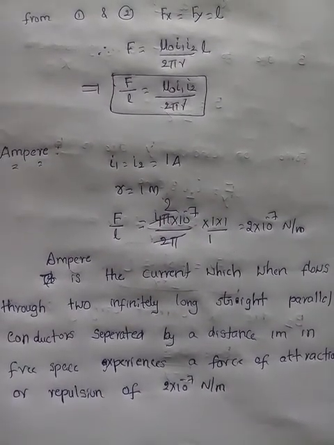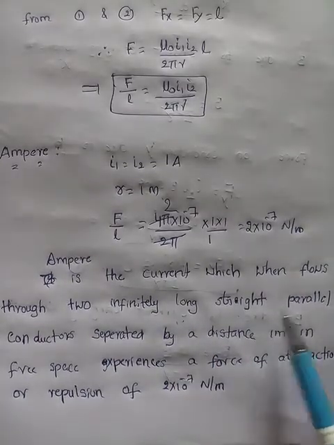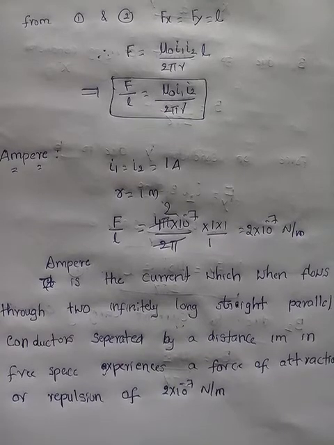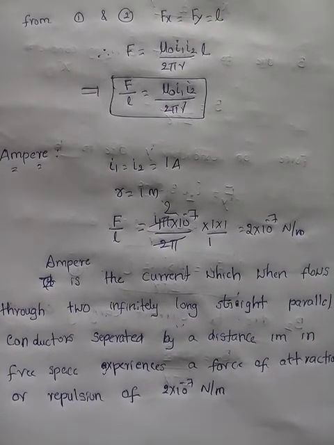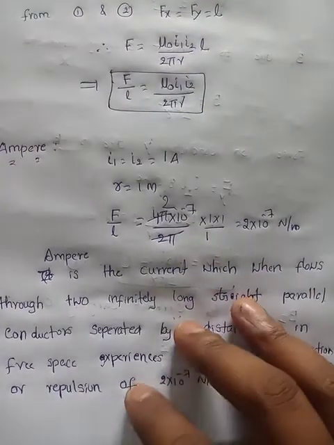It is the current which, when flowing through two infinitely long straight parallel conductors separated by a distance of 1 meter in free space, experiences a force of attraction or repulsion of 2 into 10 raised to minus 7 Newton per meter. This question is very important for 5 marks.